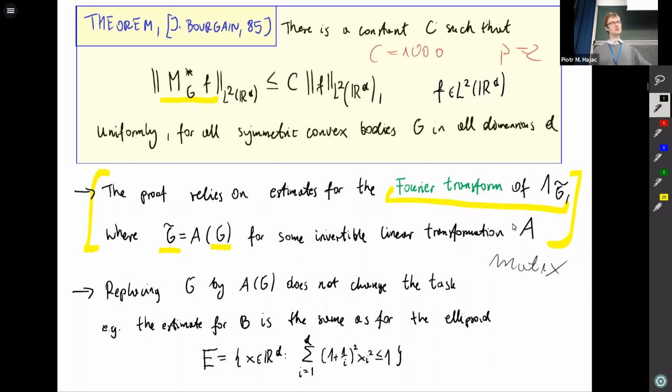This is true in the continuous setting, but it won't be true anymore in the discrete setting. So this is one point that makes the discrete setting later harder. So for example, if you consider the Euclidean ball and consider this ellipsoid, I just made it up yesterday, with some factor in front, like 1 + 1/j squared or whatever, it doesn't matter.